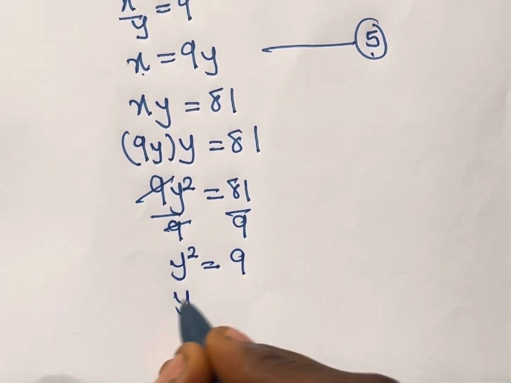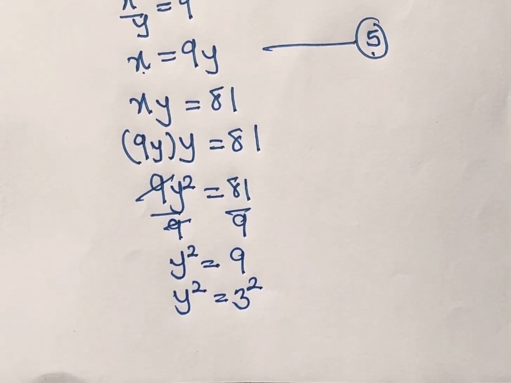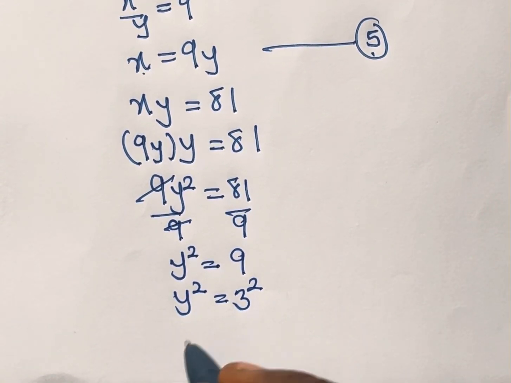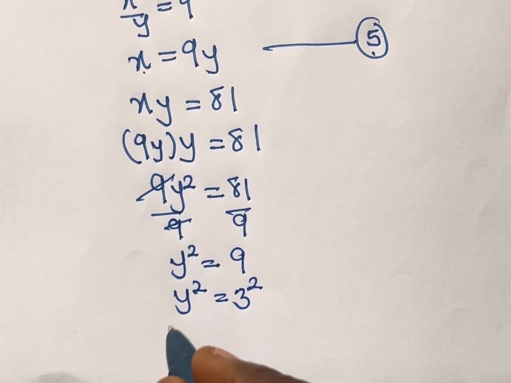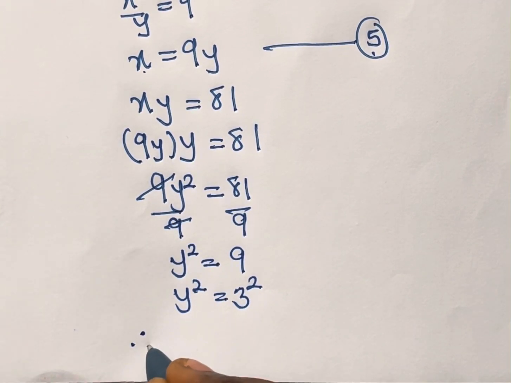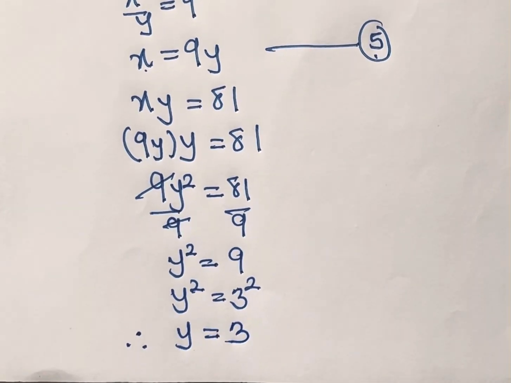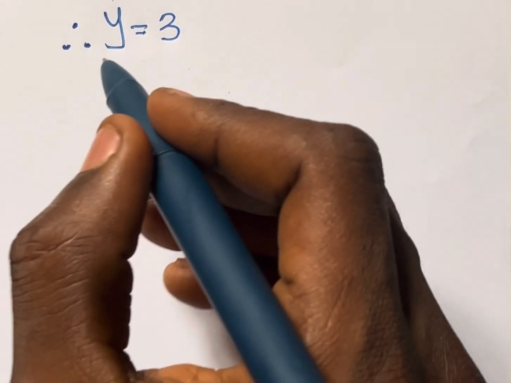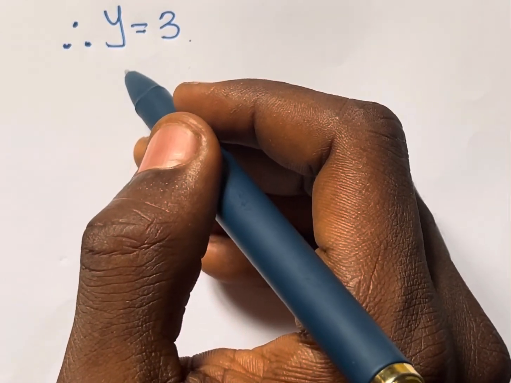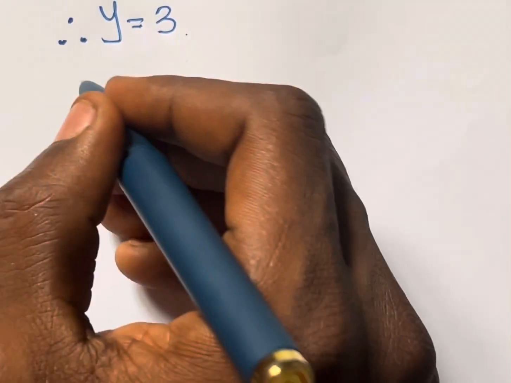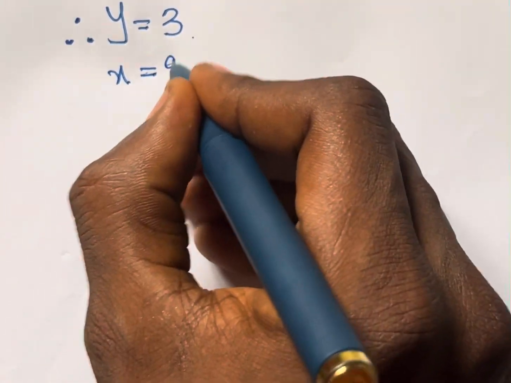Then we have y squared is equal to 3 squared. If these powers are equal, then the bases are equal. Therefore, our y is equal to 3. The next step is to substitute y is equal to 3 in equation 5. Equation 5 says that x is equal to 9y.